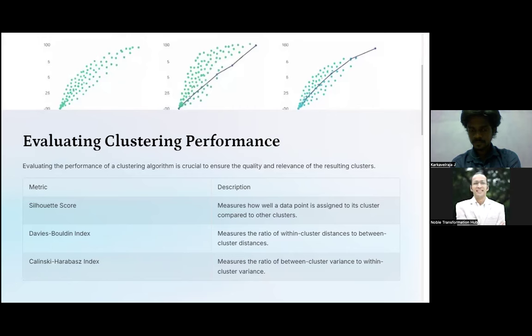We have to understand it because when neural networks or all the models work, we have an idea that this measures the ratio between cluster variance and within-cluster variance.